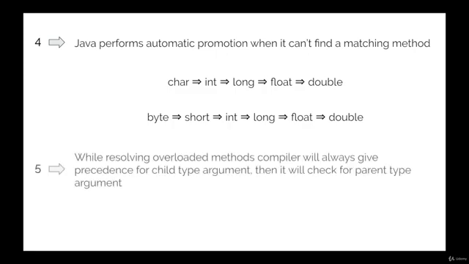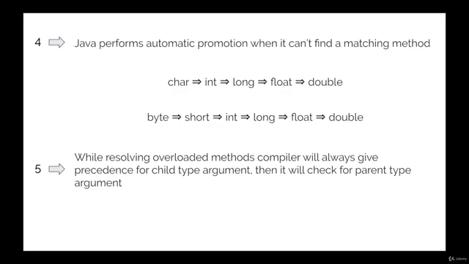The next rule says, while resolving overloaded methods, the compiler will always give precedence to the child type argument, then it will check for the parent type argument. What does this mean?